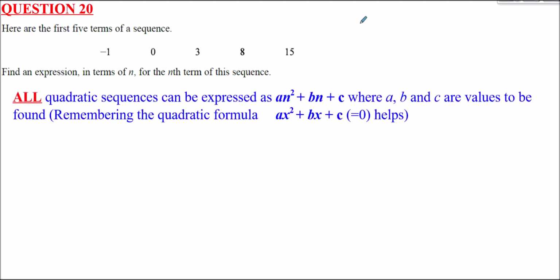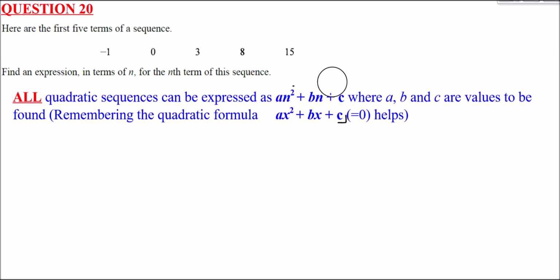So like I'm saying, all quadratic sequences can be expressed as an squared plus bn plus c, where a, b, and c are just values that you need to find. And so I'm likening this to the quadratic formula, ax squared plus bx plus c, just without the equals 0 bit. If you remember that bit, it's exactly one and the same thing, pretty much. As you can see, pretty much the same, just with the x's switched in place for n's.